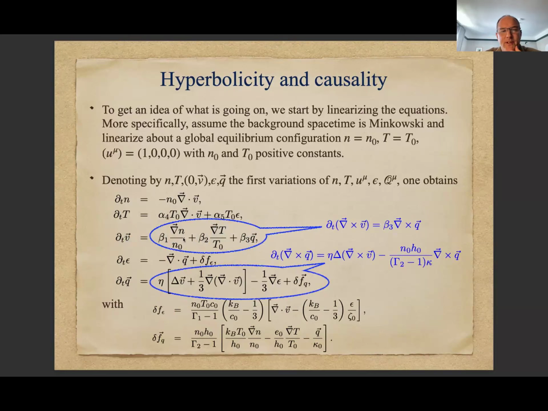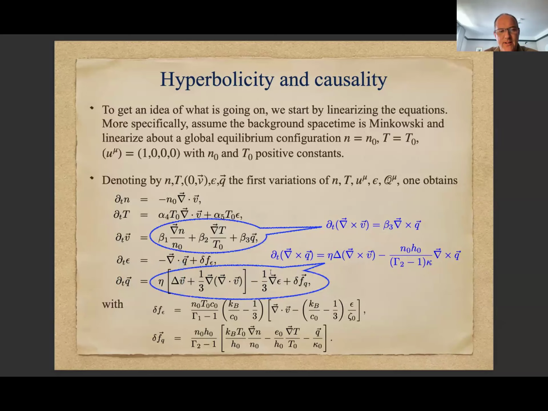Because beta 1 and beta 2 are constants, if I take a curl here, this goes away, this goes away, and so I get beta 3 times the curl of Q. Now if I combine this with the curl of the last equation, then you see I get a curl here.